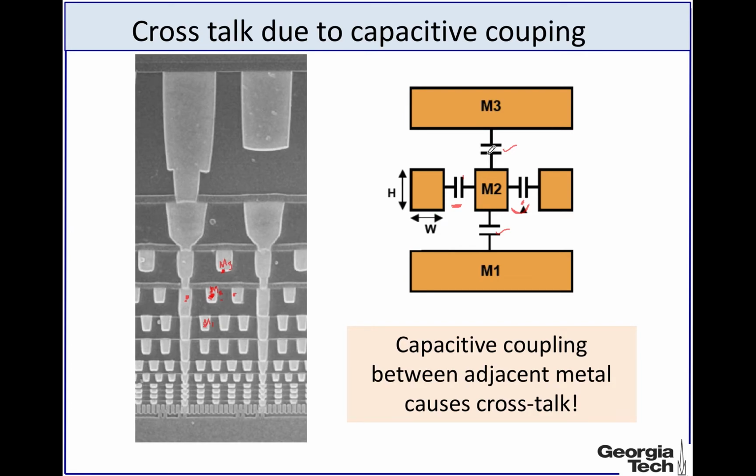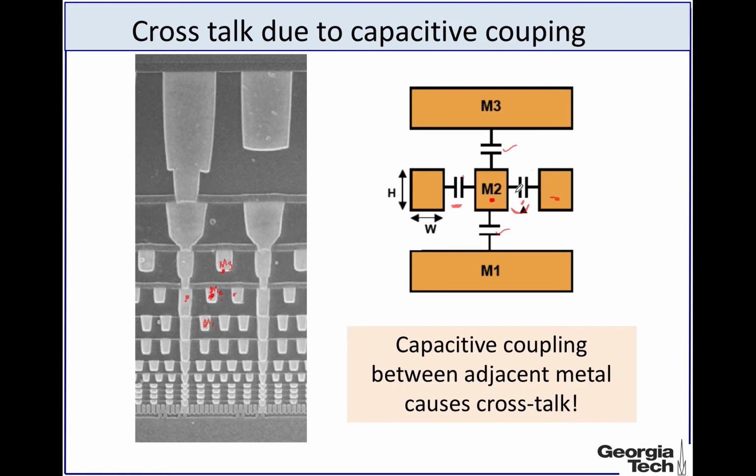Now what does crosstalk mean? Say for example, this line is feeding one inverter and this line over here is feeding a completely different inverter. Essentially the signal in this wire will be completely uncorrelated with the signal going through this wire over here.